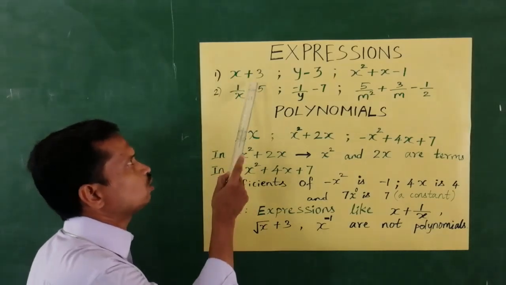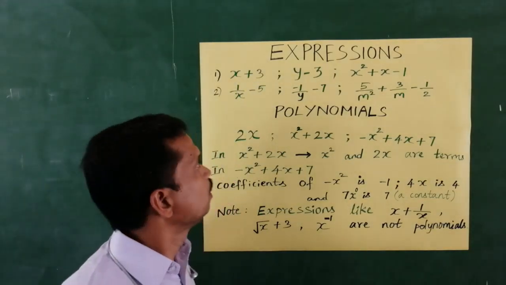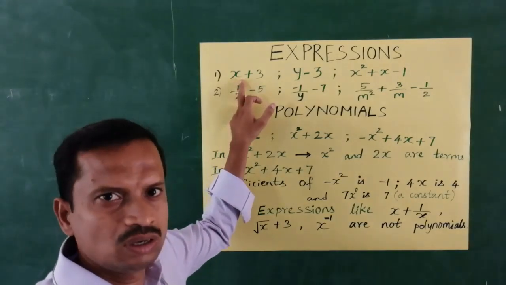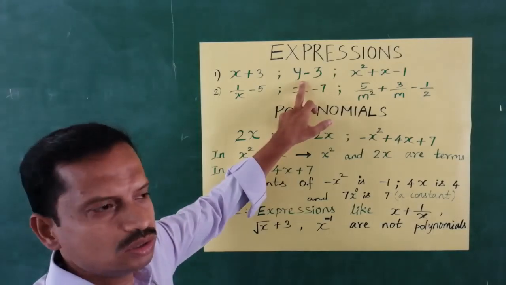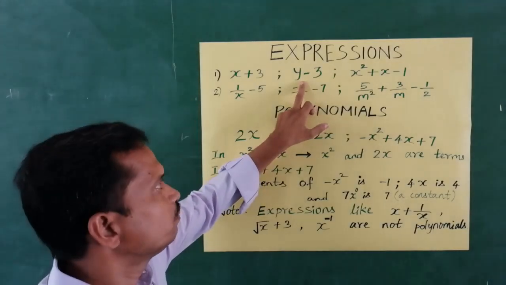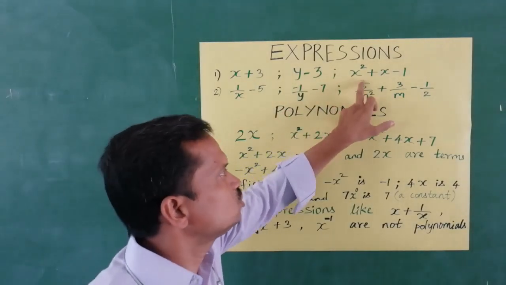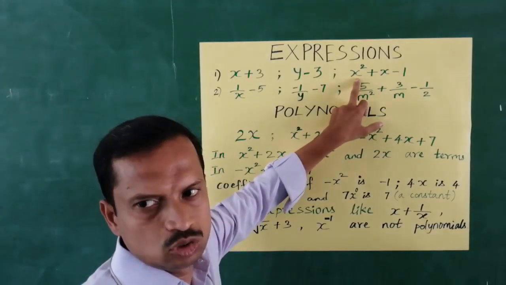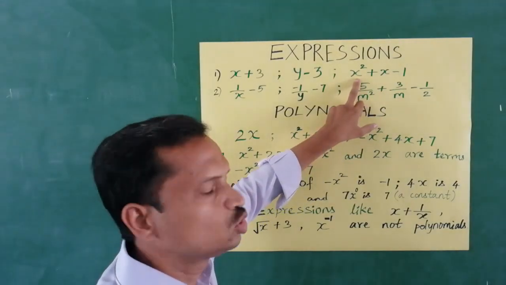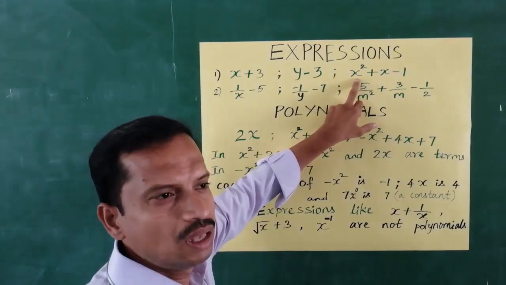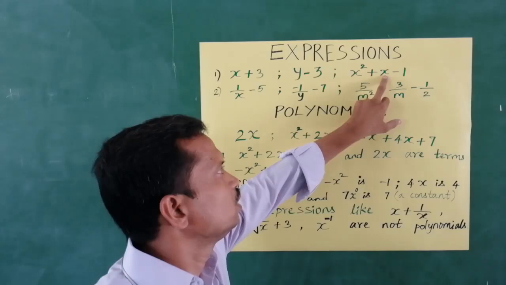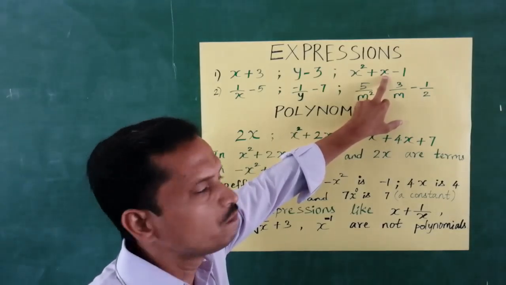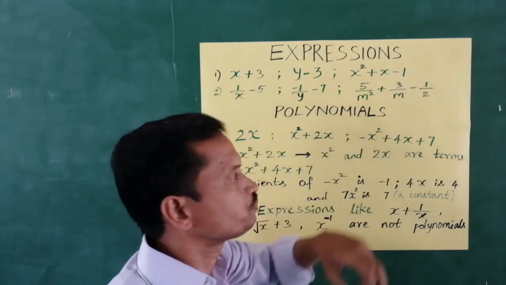Here the variable is x whose exponent is 1. Here also the variable is y, the exponent is 1. In this expression x square is a term and the exponent is 2. Here x is another term whose exponent is 1 and this is the constant minus 1.